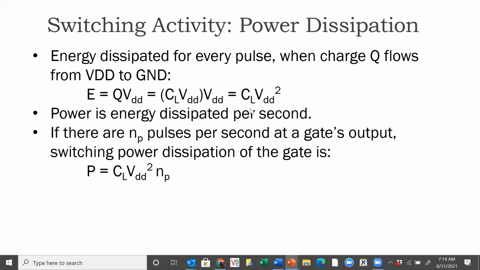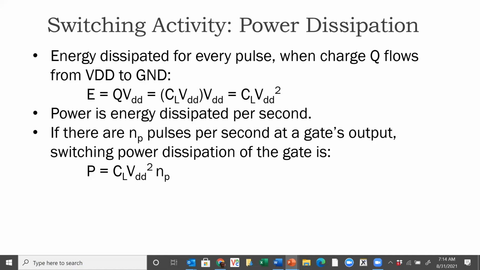The voltage is VDD. So the energy that is dissipated in every pulse is CL times VDD squared. This square dependence on the voltage is very important when we think about power and what we can do to reduce power. It is one of the big motivations for supply voltage to keep decreasing as the IC technology advances.